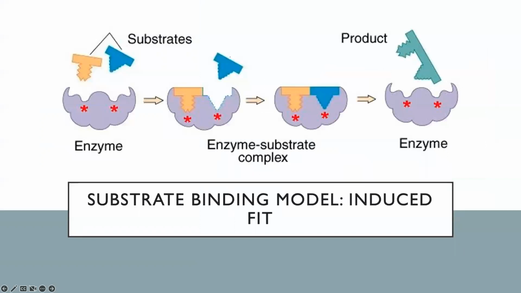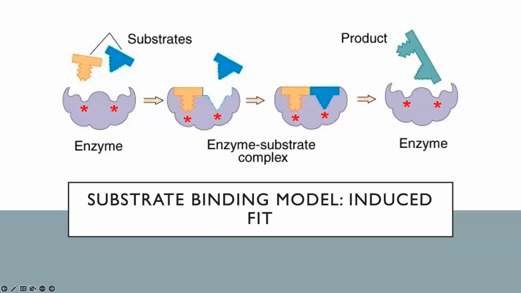So that leads us to the induced fit model. And you can see here, I think this is a great picture showing you have a general form, but then it actually molds to fit the enzyme or the substrate shapes. And so in the induced fit model, when a substrate binds, the active site is actually going to form around it. And again, remember when we're talking about proteins, proteins are so dynamic.